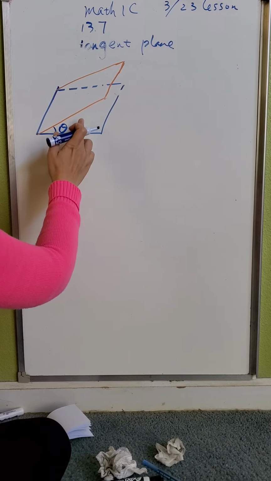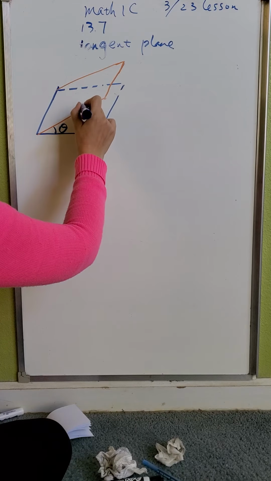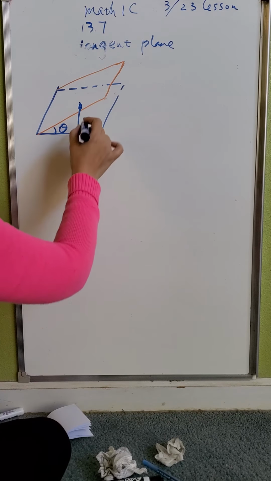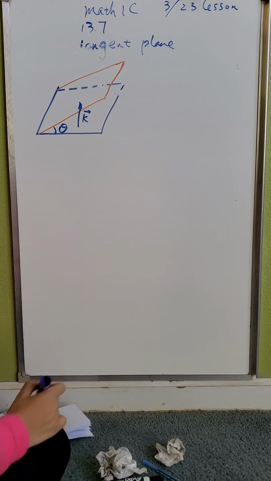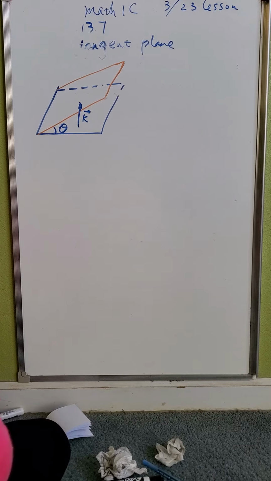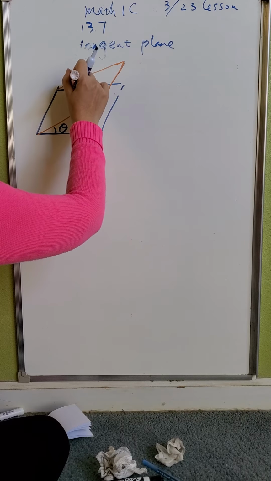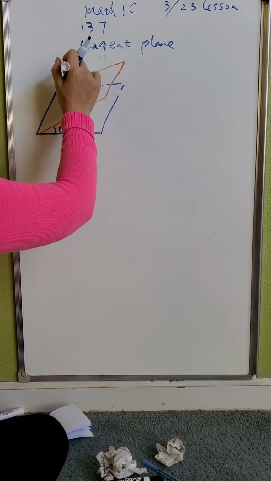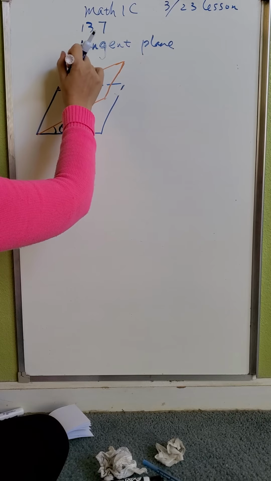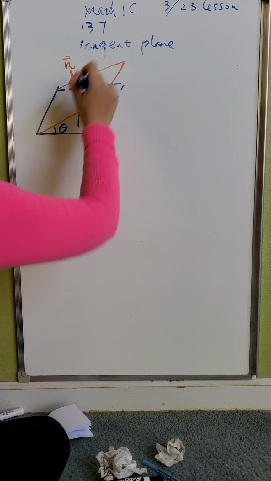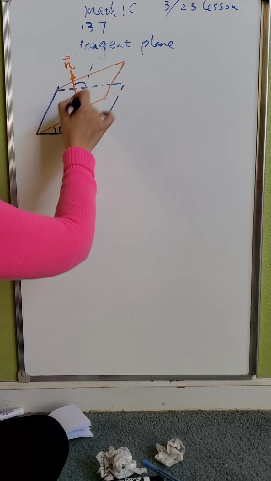And there's a vector perpendicular to my original surface, which I'm always going to call K, and one perpendicular to my tangent plane, which I'll call N. If I extend these vectors, this angle here is also theta.